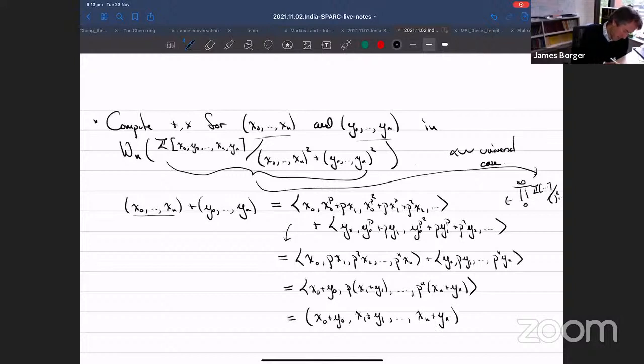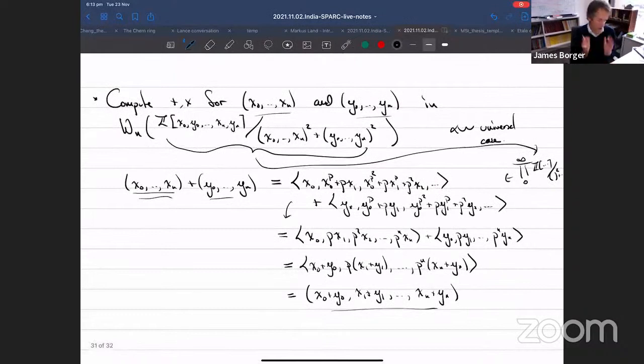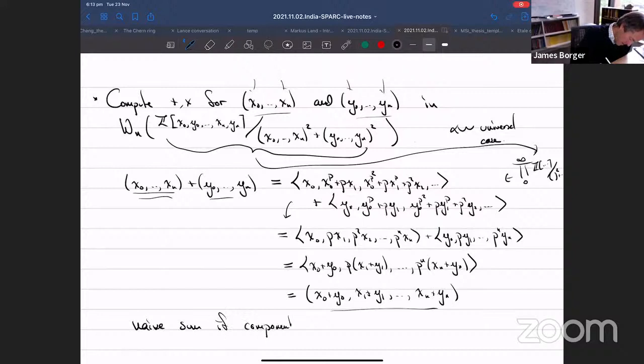So in this simple setting, the sum of these Witt vectors is actually defined component-wise. In fact, we only used that each of the components are square zero. So if you're adding two Witt vectors together and all the components are square zero elements, then you can just add them naively. So: naive sum if components are square zero.